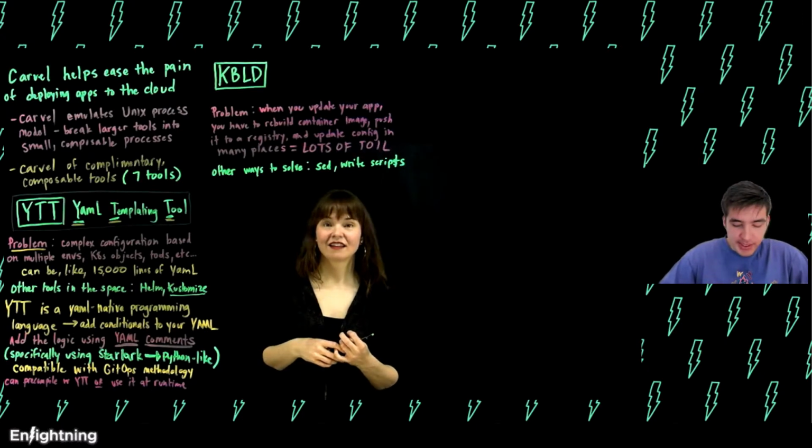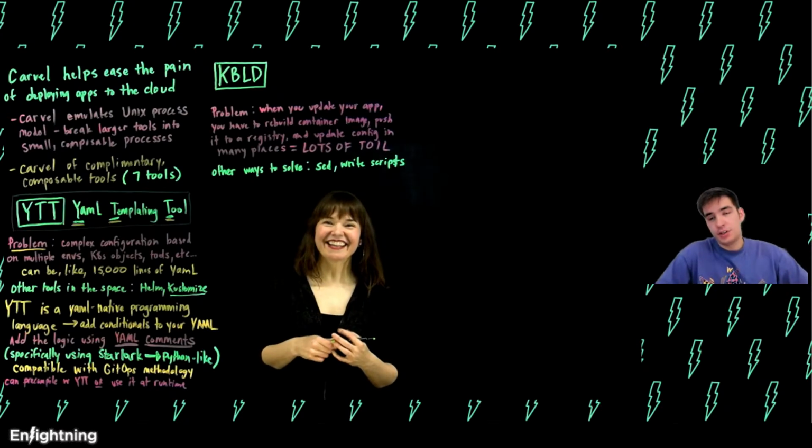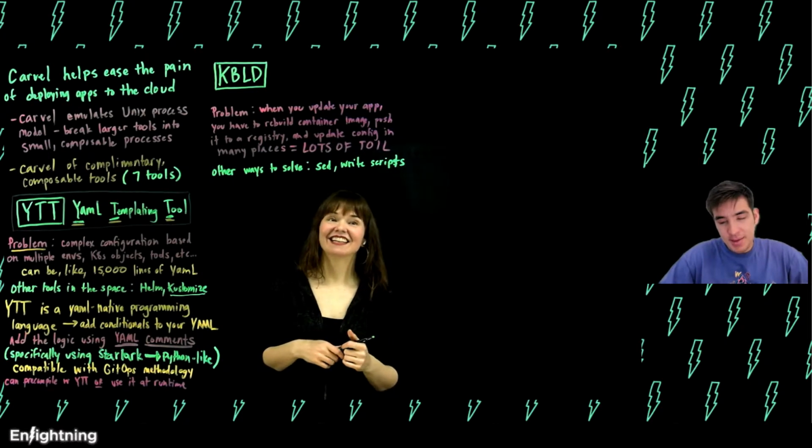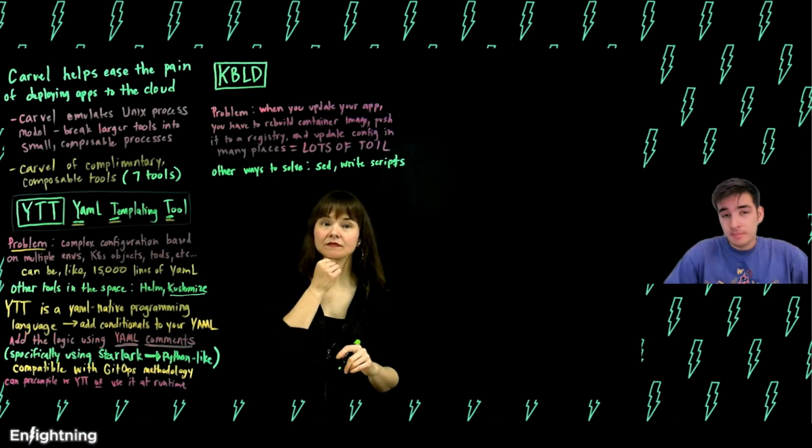But I will say that this is a very dangerous thing to lean on if you're trying to do rollouts. And the reason for that is that images get cached on nodes.